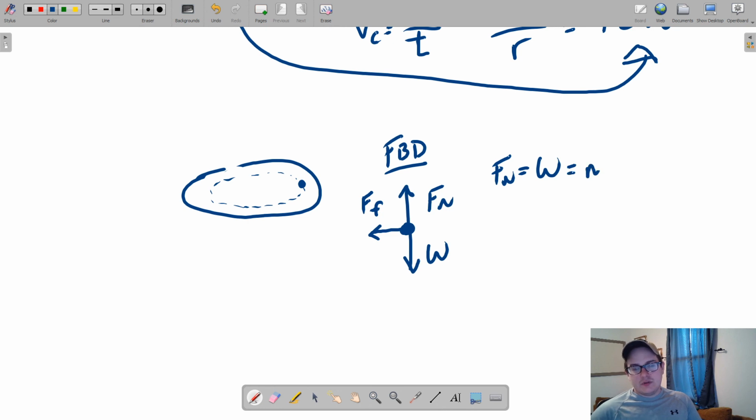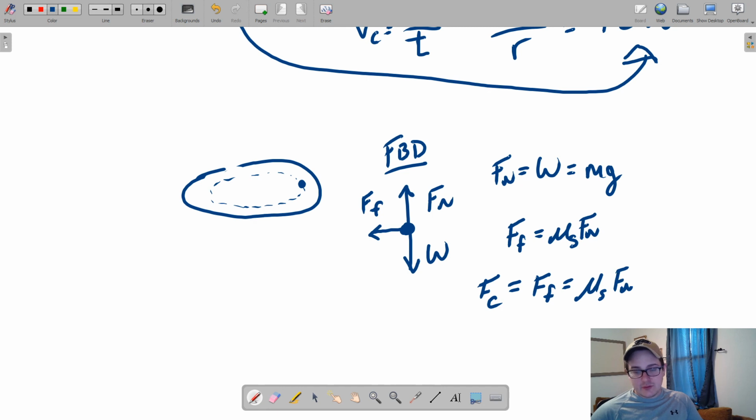and force normal also equals mg, and then we also say frictional force is equal to mu sub k, or sorry, mu sub s, force normal, and that is your F net, your centripetal force. That is frictional force, which you can then plug in mu sub s times force normal, which also equals mg.